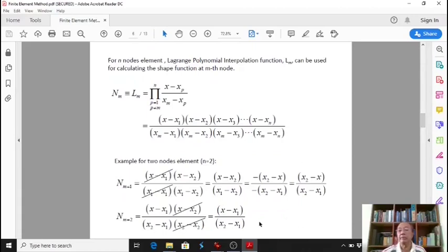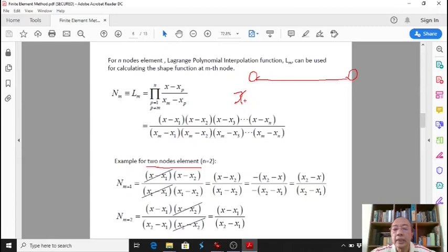We can consider for the example now. Okay, for example, we go back to the two node element. Let's consider if we have one bar with two nodes. For example, here we have x equal to xi just now, or x equal to x1.